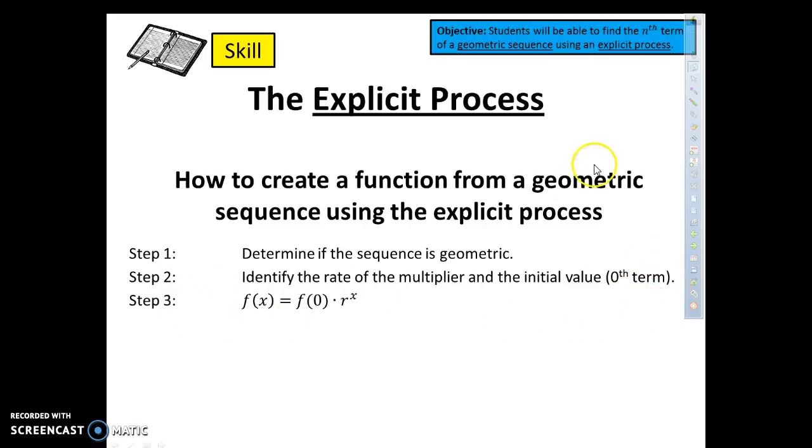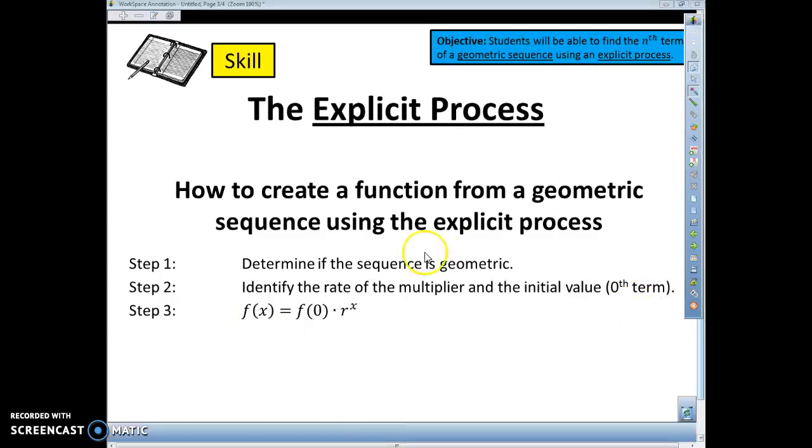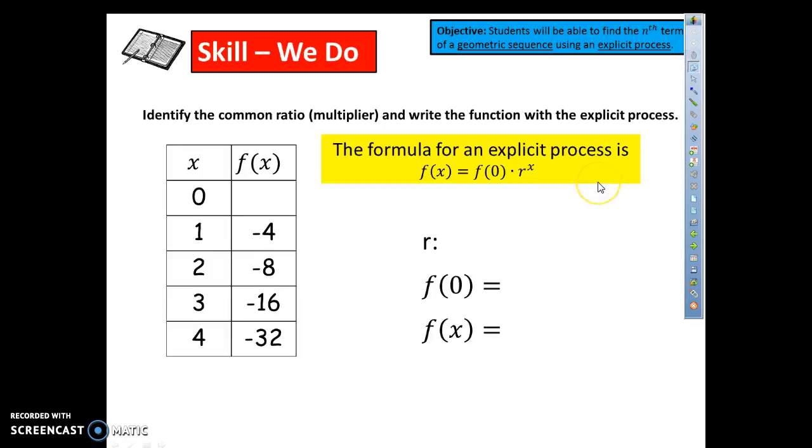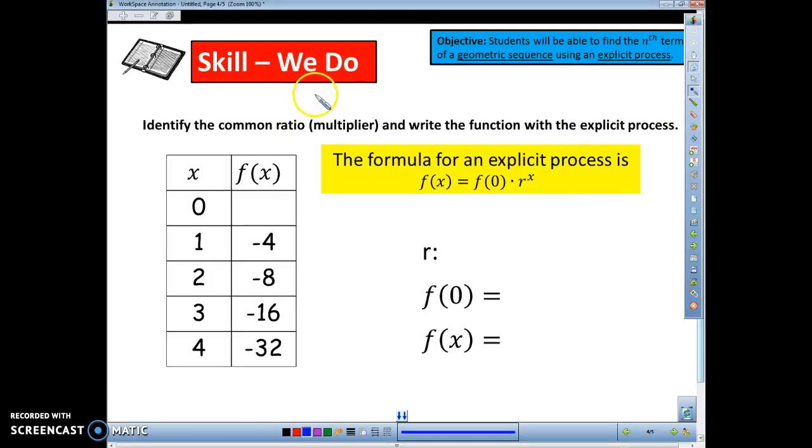Lastly, all we go ahead and do is plug in our initial value and plug in our multiplier, the r value, which is here. So let's go ahead and look at some examples. Please go ahead and write down example 1 in your notes.